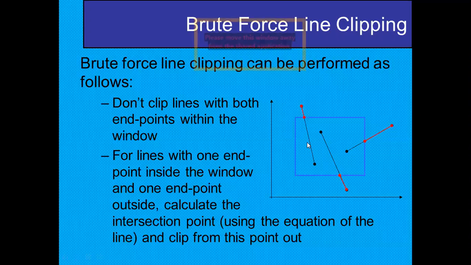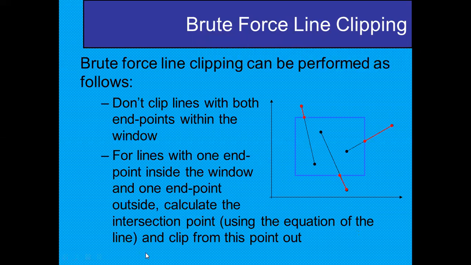Then how will we choose and clip the portion which is passing through the window edge, creating the intersection point on the window edge? First we will calculate the intersection point. Here you can see, calculate the intersection point, using the equation of the line.